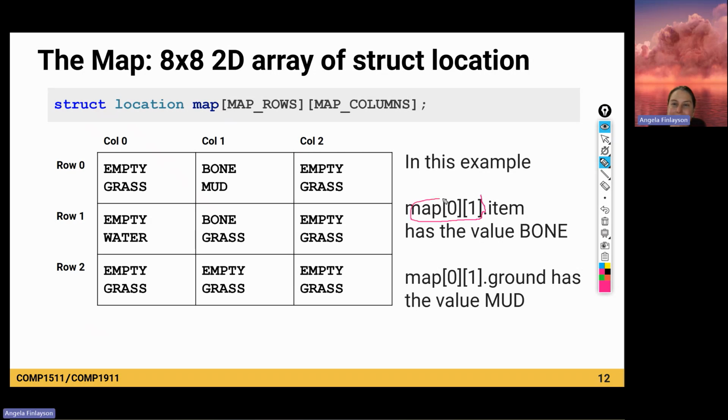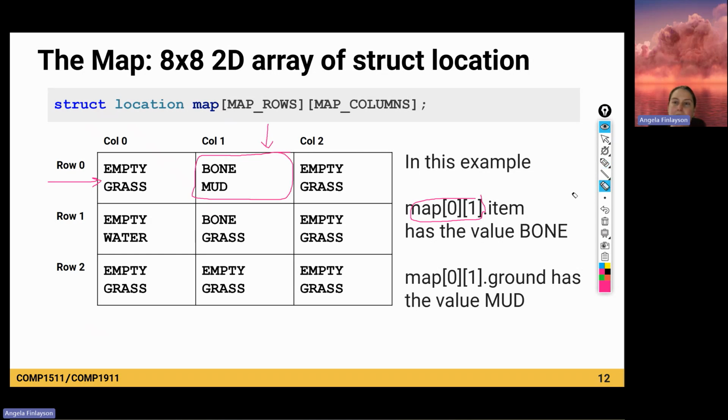So if I go to the map at row 0, column 1, I get this cell here. This cell is a struct location, right? So using the indexes takes you to the struct. But inside this struct, I've got an item field.